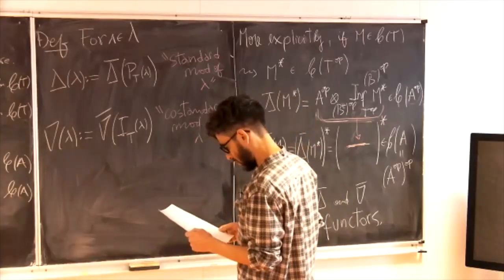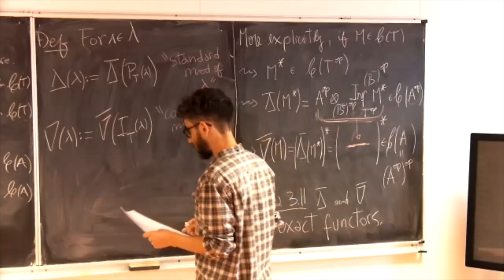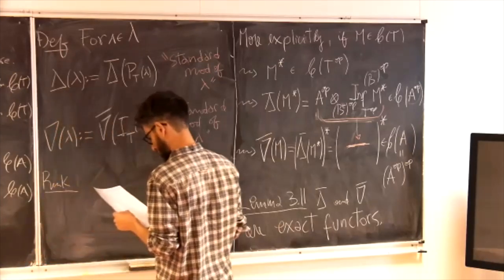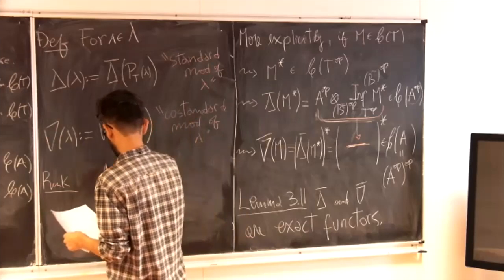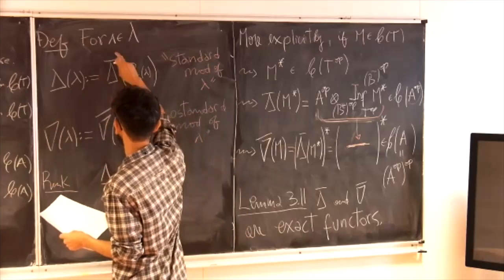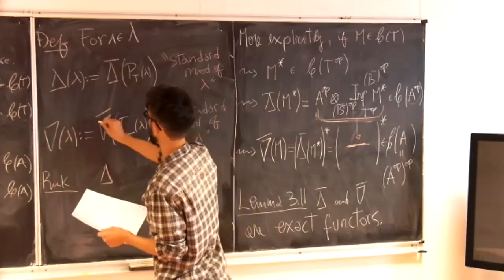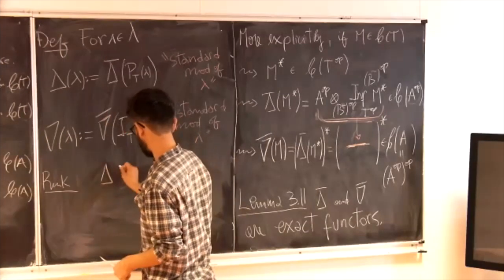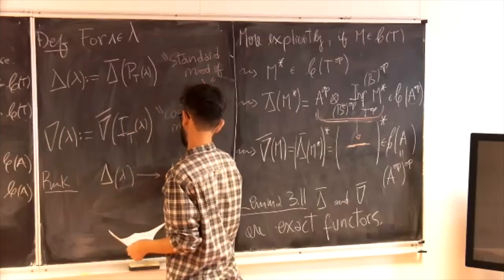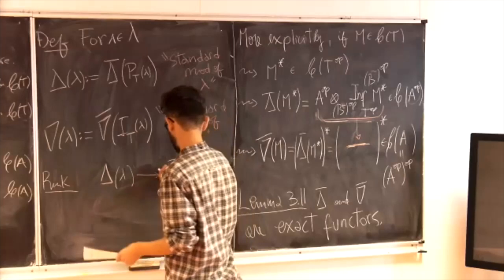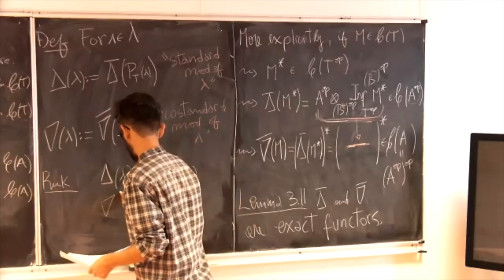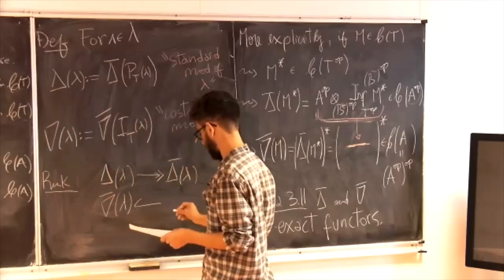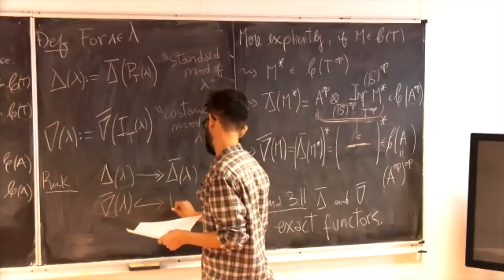Okay, some remarks. Because of these functors that we introduced, delta bar and nabla bar, we have a projection from the standard to the proper standard, and we have an inclusion from the proper co-standard to the co-standard.